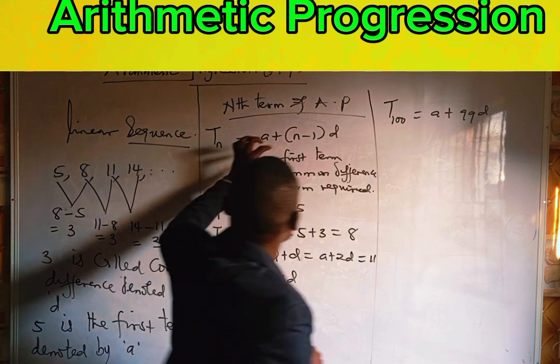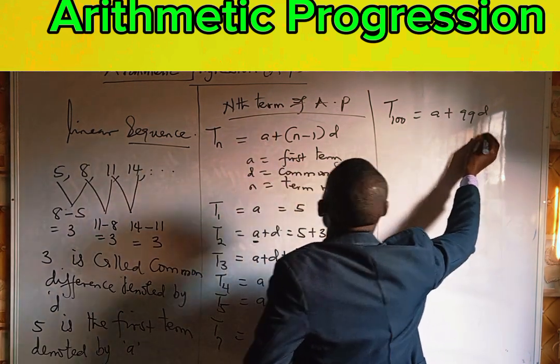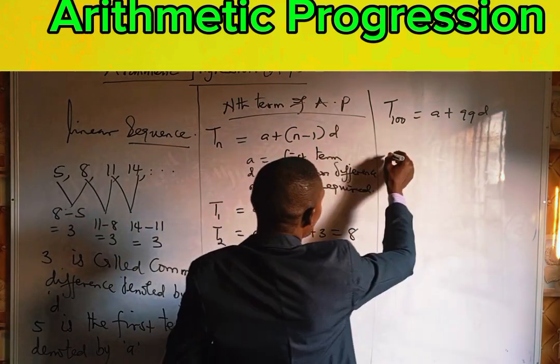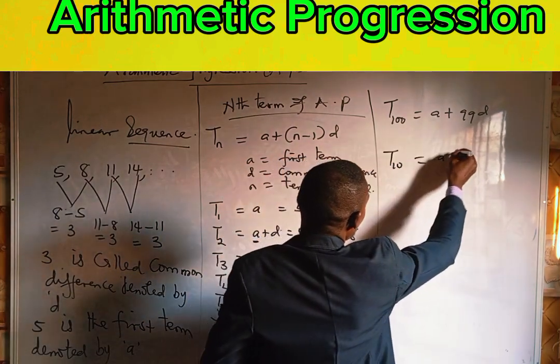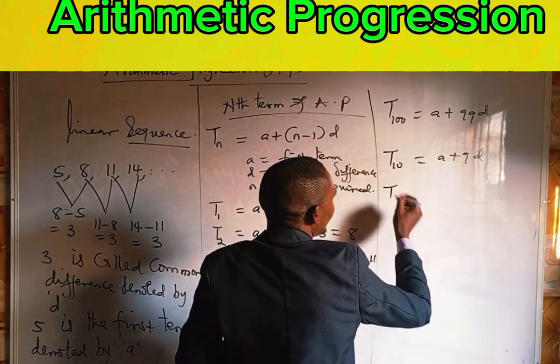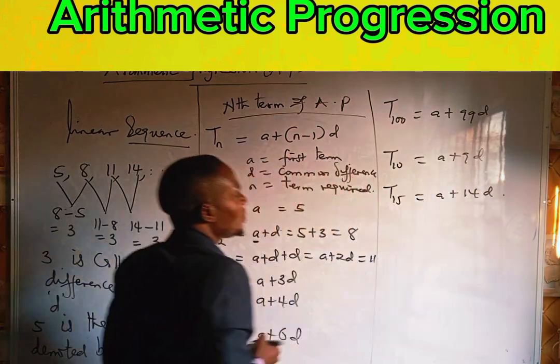So just note this. If you forget this formula, you will not forget this. If you have to find the 10th term, T10, it is A plus 9D. If you have to find the 15th term, it will be A plus 14D. Very simple.